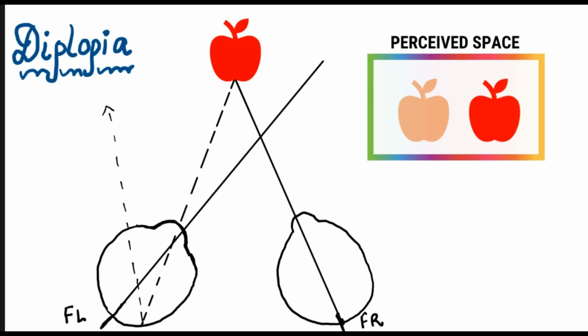Okay, now let us take this example again. This was the fovea of the left eye, this was the fovea of the right eye, and this is your object of interest, which is an apple.